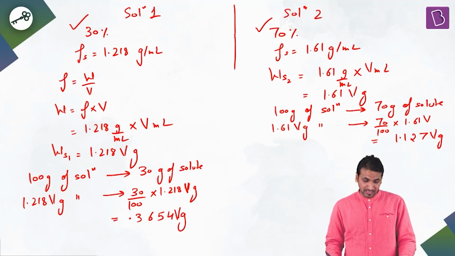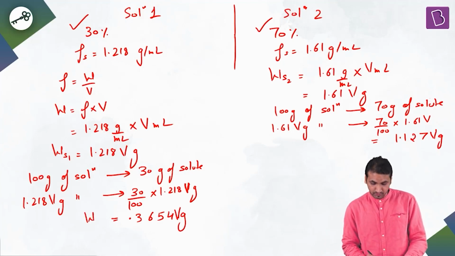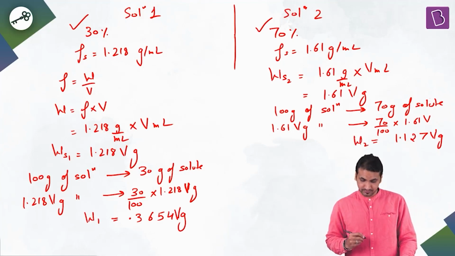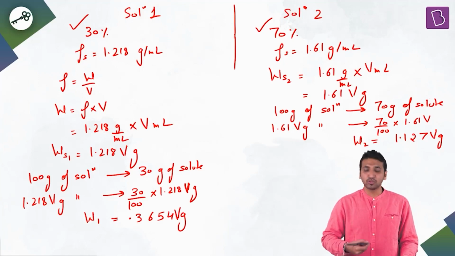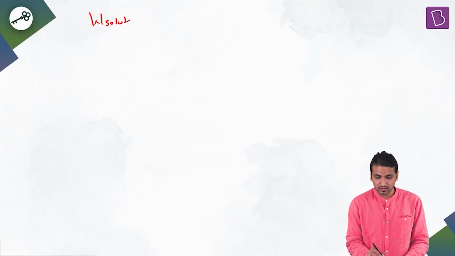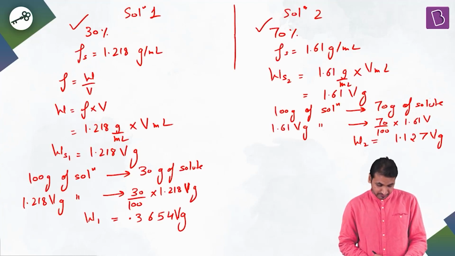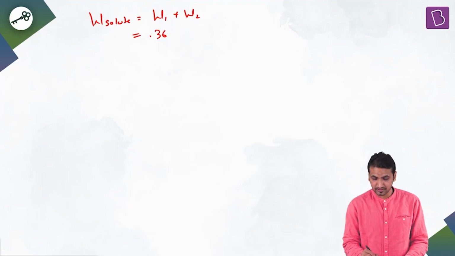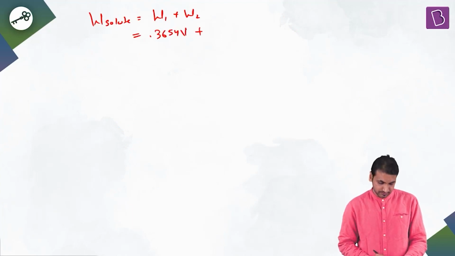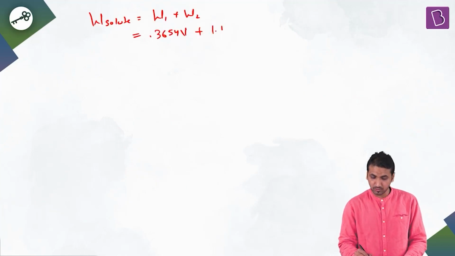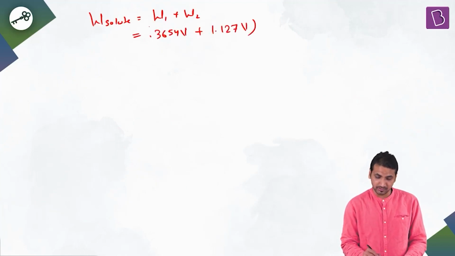Okay. Now you have W1, weight of solute 1, and W2, right? Okay, fine. Can we just calculate the total weight of solute now? This will be W1 plus W2. What are the values? 0.3654 V plus 1.127 V grams, right?